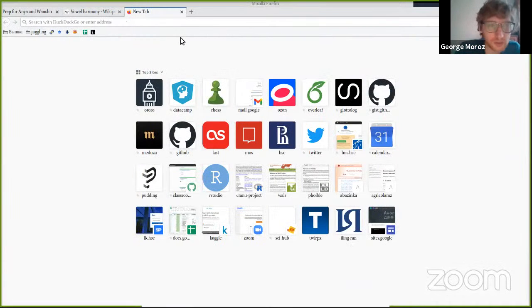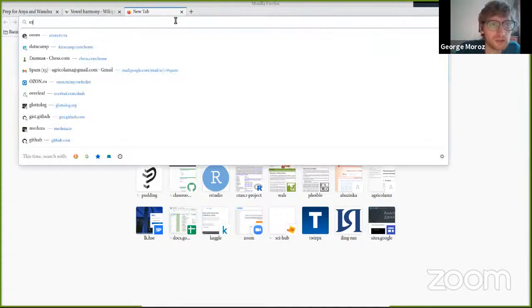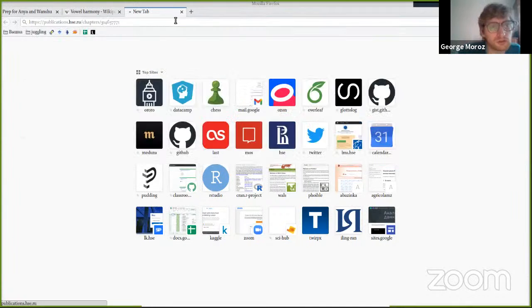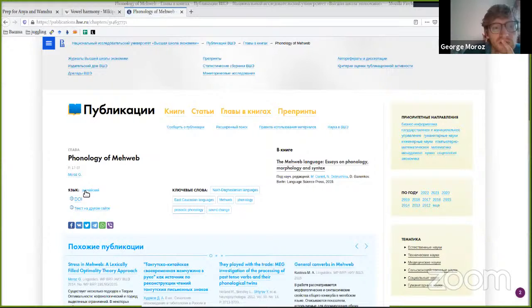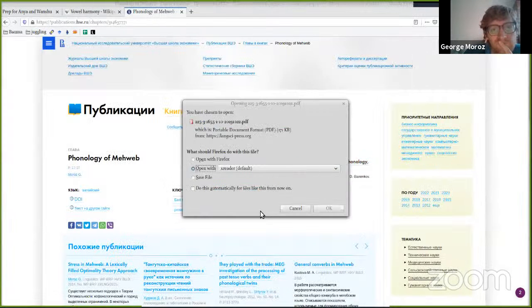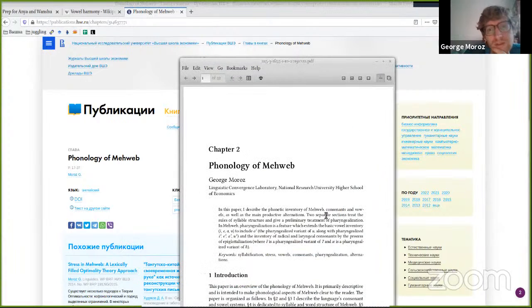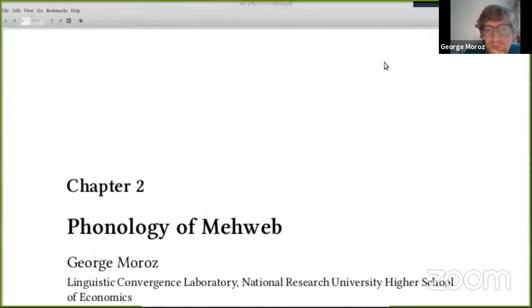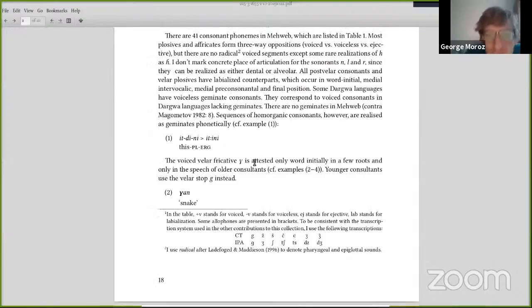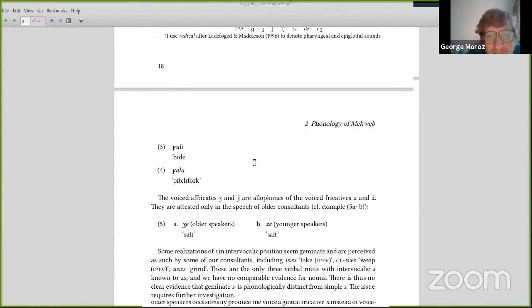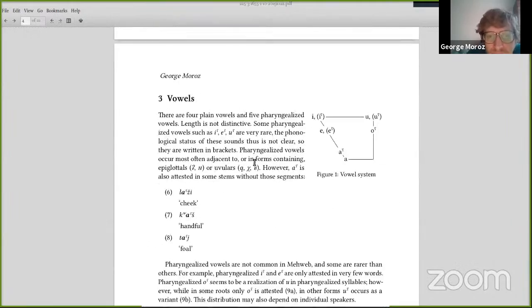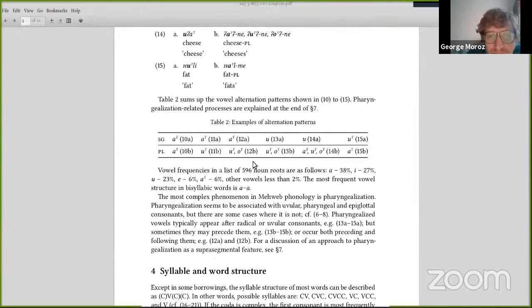But what I found once was, maybe I have it here in this chapter. Or maybe I don't, I can't recall. Once I described the phonology of Mehweb, is it here or not?